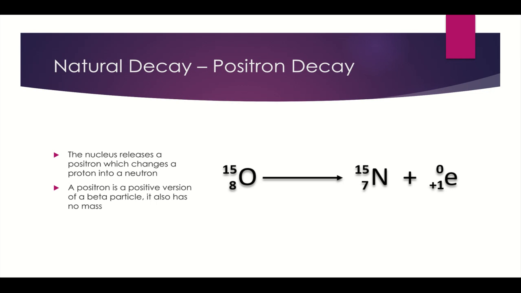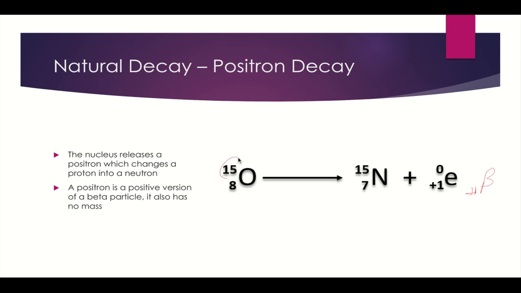Here's positron decay. Positron decay is essentially the same as beta decay, except instead of releasing a negatively charged electron particle, it releases a positively charged beta particle that we call a positron. Again, I can have the same beta symbol here, but it's going to be plus 1, not minus 1. So in this case, a proton is turning into a neutron.